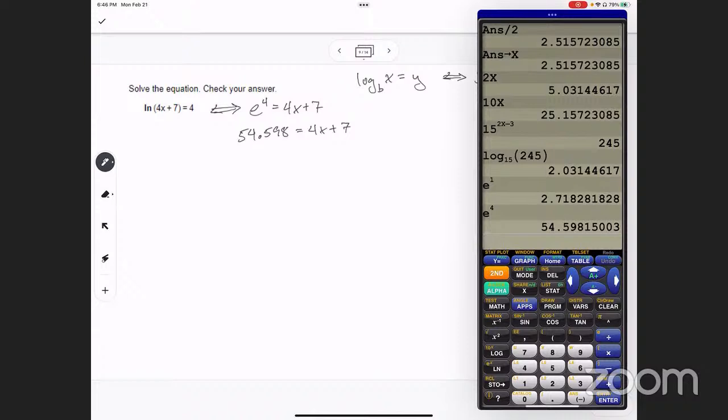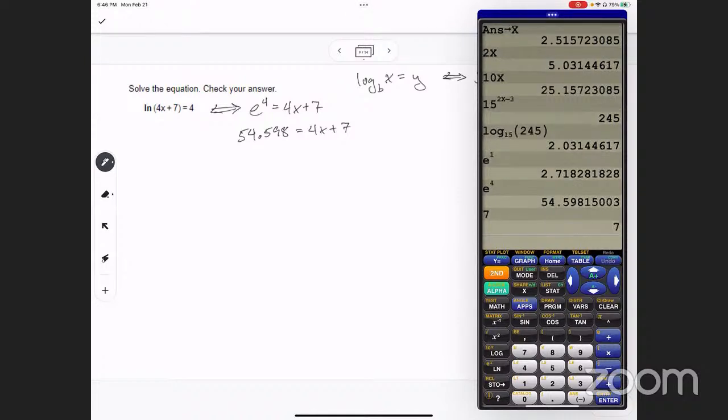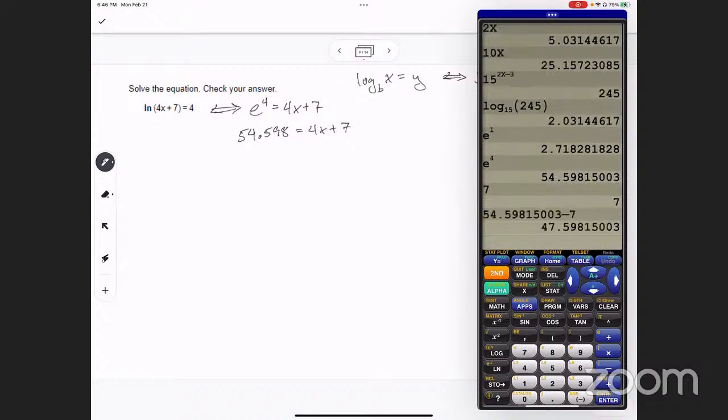Subtract 7. Good. So I'm going to do that on my calculator. Whoops. Let's go back and get that. Subtract 7. And there's that number. So 47.598 equals 4x. Now what? Divide by 4.